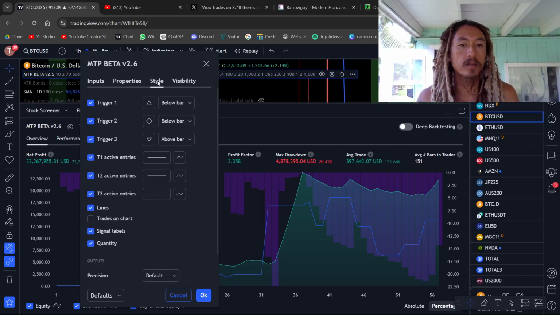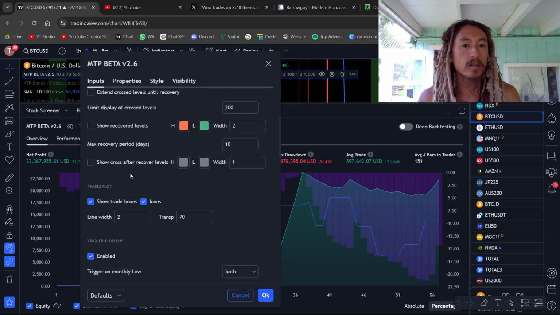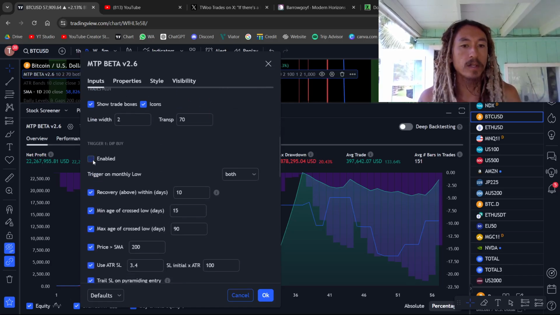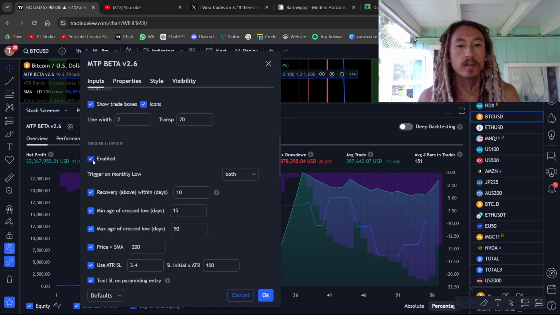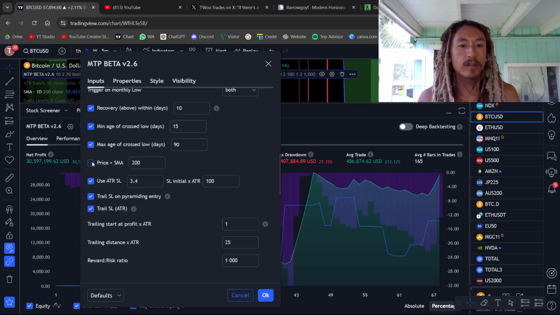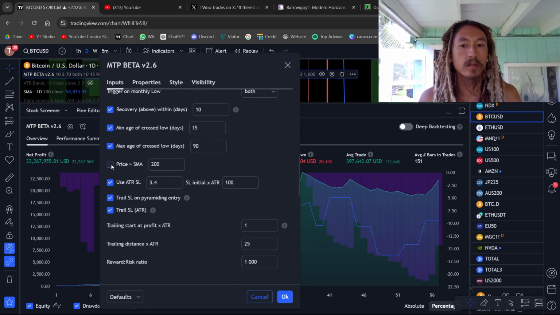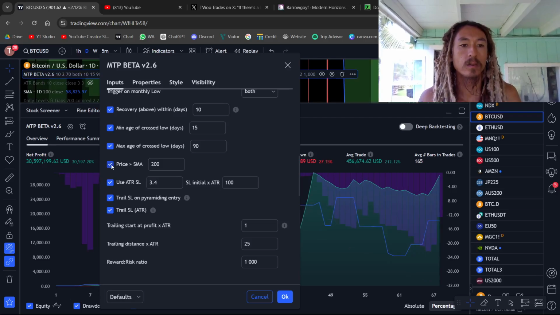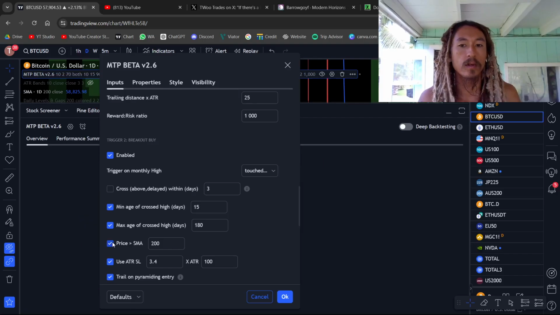Okay. So once again, dip buy, SMA filter off. The drawdown increases. This one on.